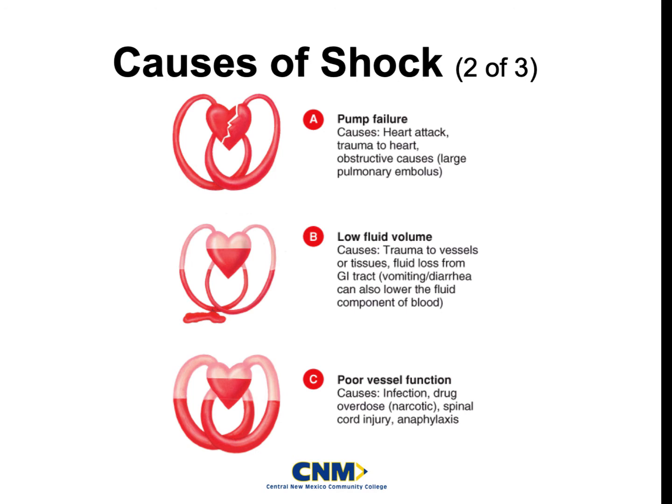We can actually start third spacing our fluid, so we can actually be losing fluid, and we can have our heart be working so hard to try to combat whatever the actual allergen is, to help our antibodies out to the antigen that we have been exposed to, that our heart can actually fail. It can actually stop working.